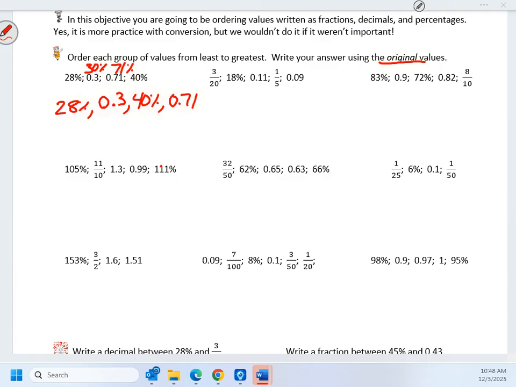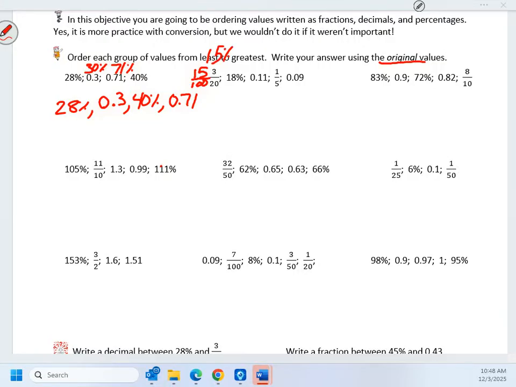Yeah, remember our magic number, I need to get that 100 on the bottom. To go from 20 to 100, it's that friendly denominator. I multiply by 5. So whatever I do to the bottom, I do to the top. So I'm multiplying the top by 5. What is 3 times 5, Matt? 15. 15. So what percentage does that turn into? Fernando?